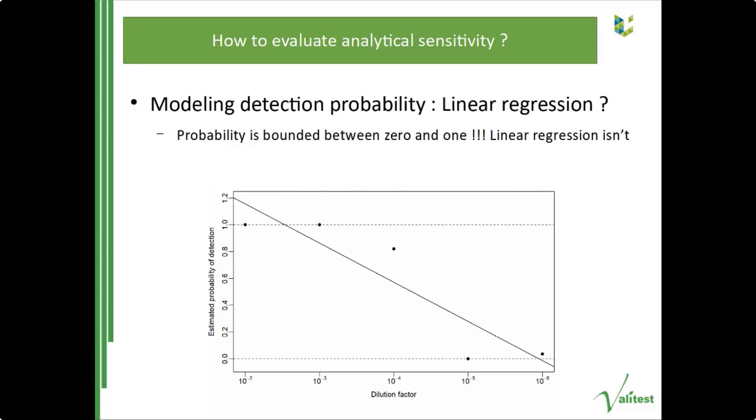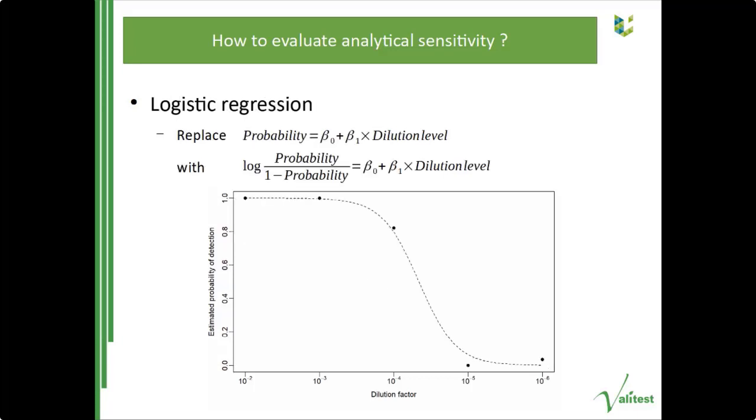To model the detection probability, we could use a linear regression, but with a problem. Probability is bounded between 0 and 1, while linear regression isn't. We could get probabilities higher than 1 and lower than 0. Instead, we will use what we call logistic regression.